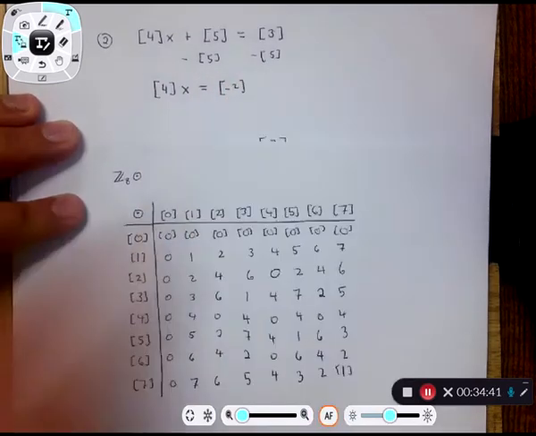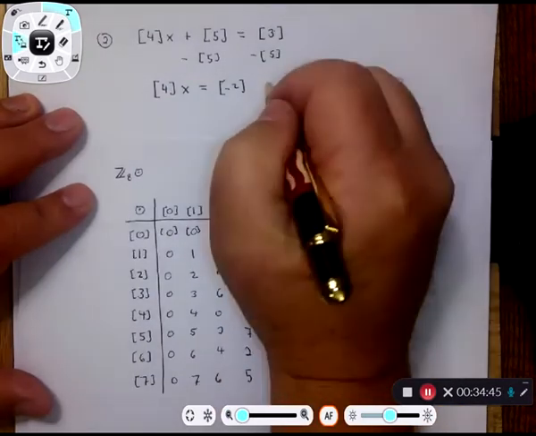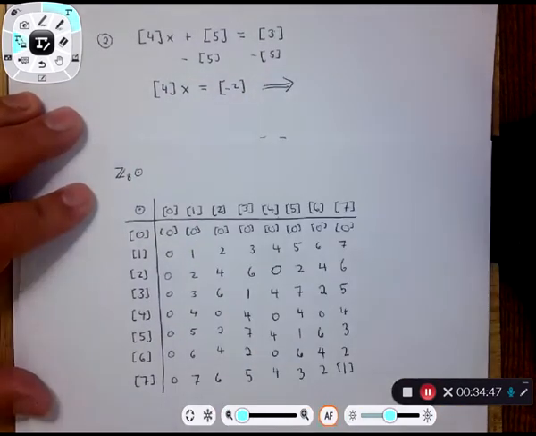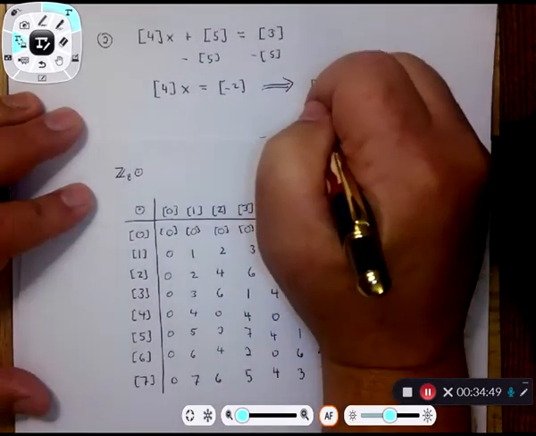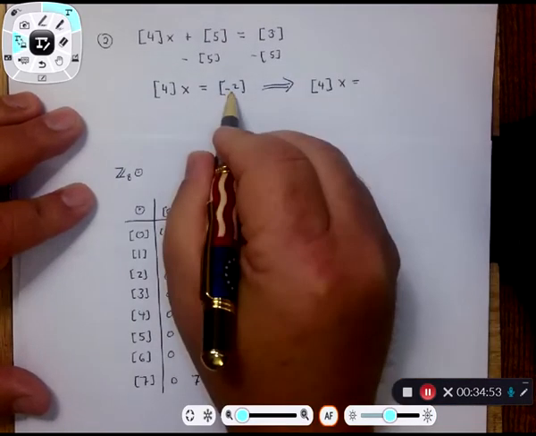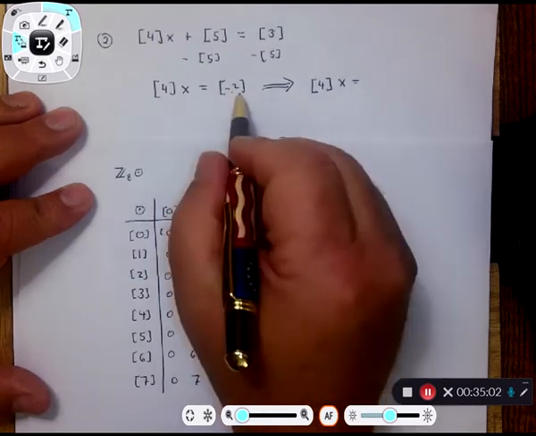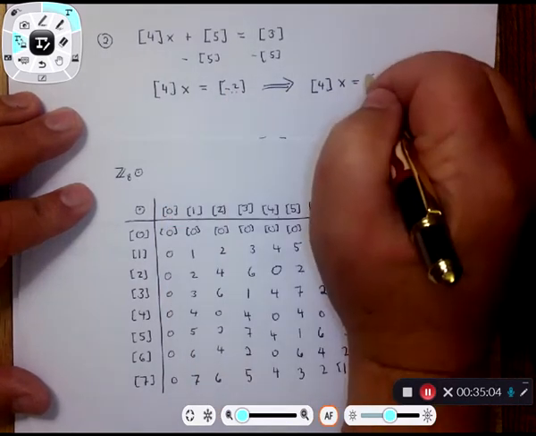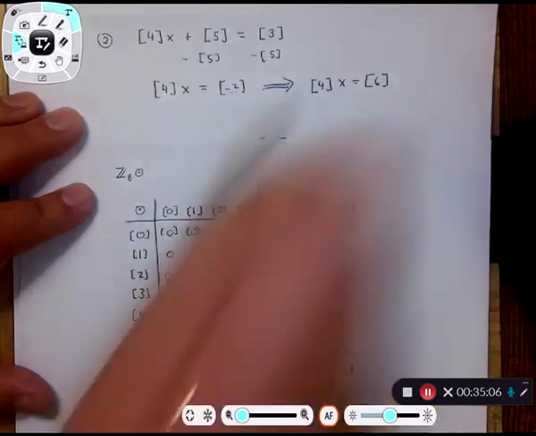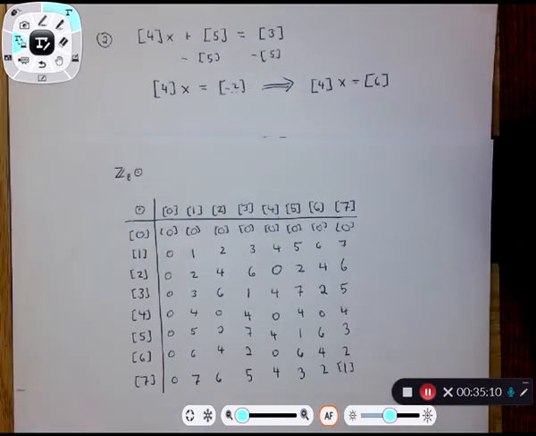But negative 2 is not allowed as an equivalence class. So, converting this over, I'm going to add 8: negative 2 plus 8 is 6. So this equation now turns into 4 times x equals 6.